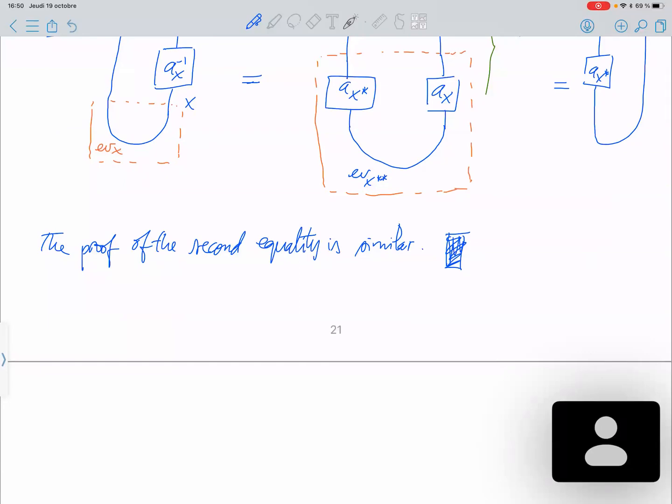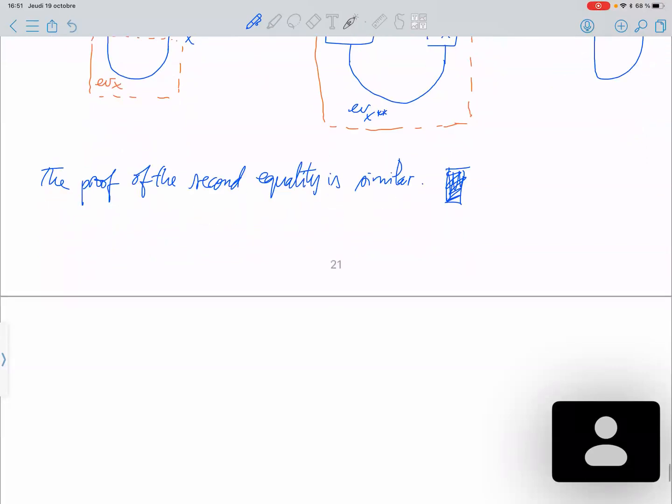Now we will prove a relation between a dual and a pivotal structure directly without pictures, using the previous lemma.